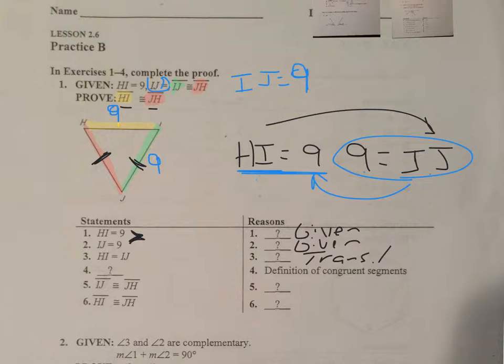So I could substitute in the IJ for the 9, giving me the equation down here. Substitution is one way, or the transitive property is the other way. So that's how either of those answers comes up as a possibility.